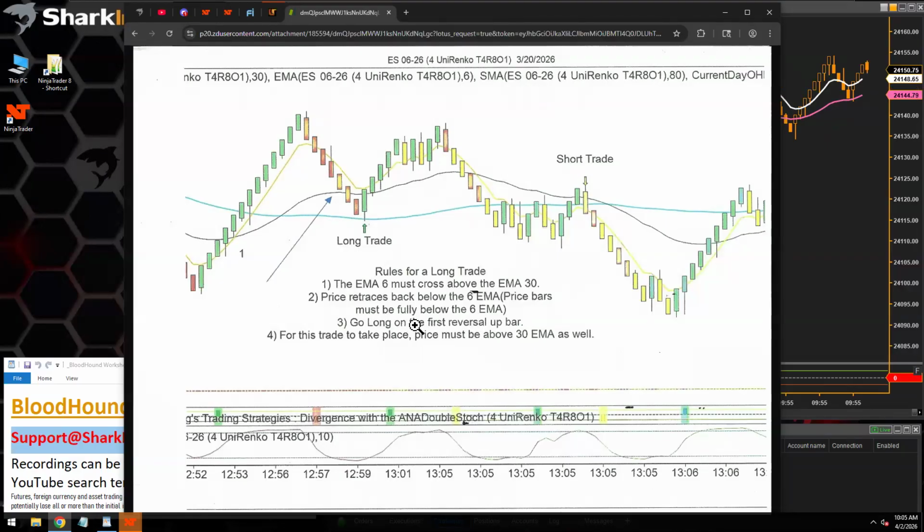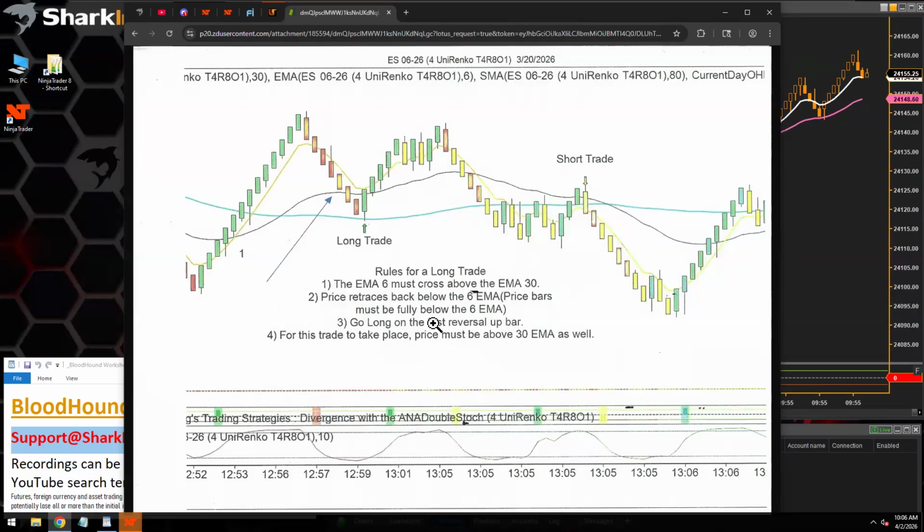The signal has to be on the reversal bar of the Renko bar, so we'll tie that condition in. Everything else, rule number 1, number 2, number 4, are the same as last week. The one defining difference is rule number 3, making sure that it occurs on a reversal bar.